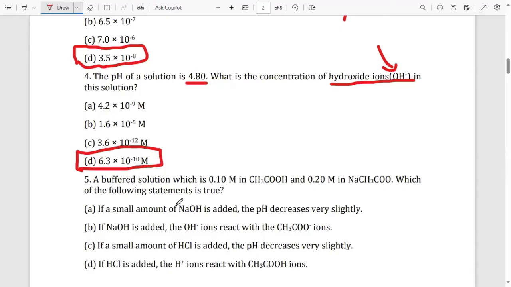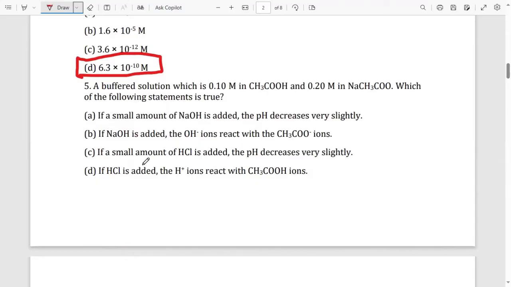Okay, and then let's go to number 5, which is a conceptual question. So you have to understand the topic, the buffers. You have to understand how the buffering system works. So here they're saying a buffered solution that contains 0.1 molar of acetic acid and 0.2 molar of sodium acetate.